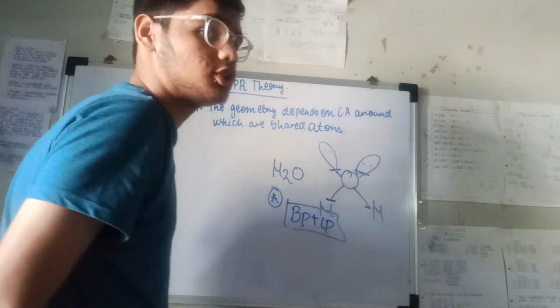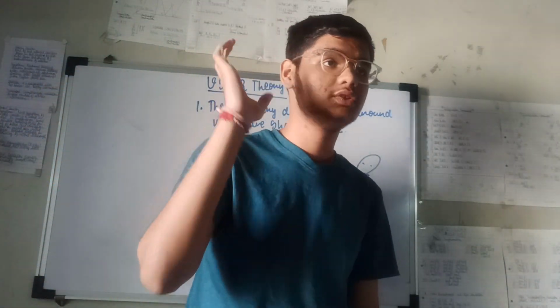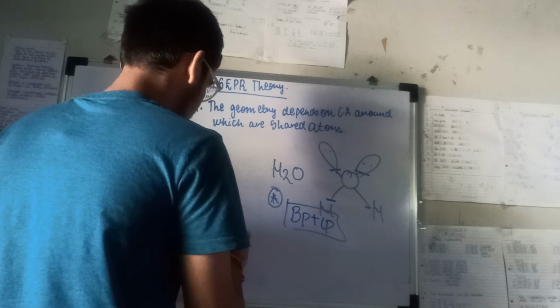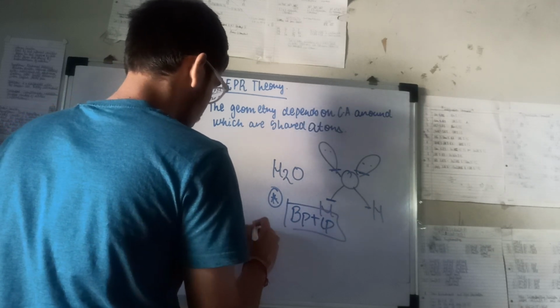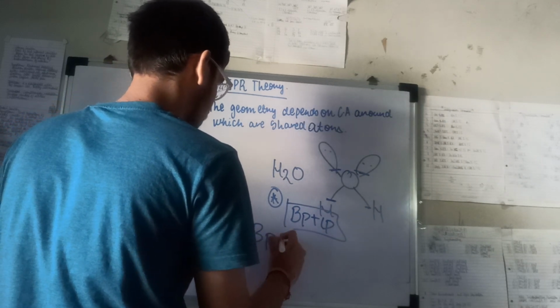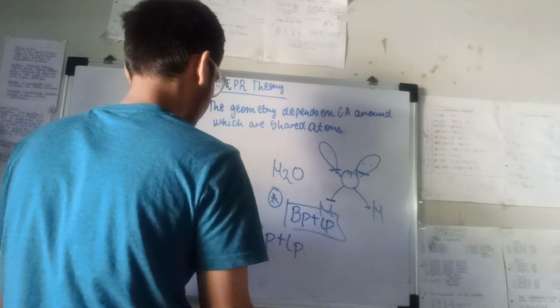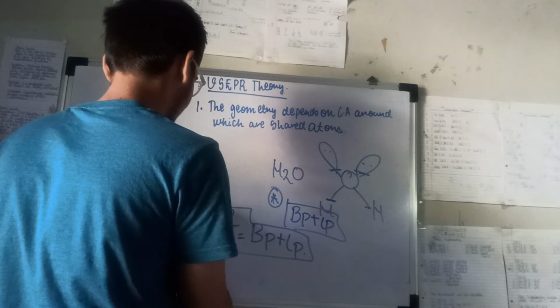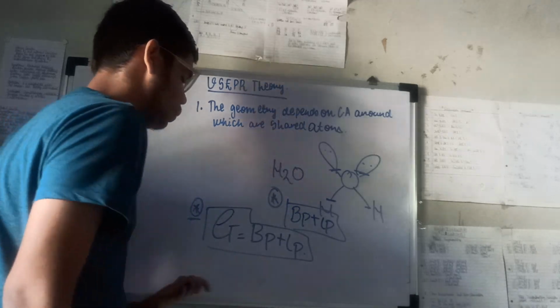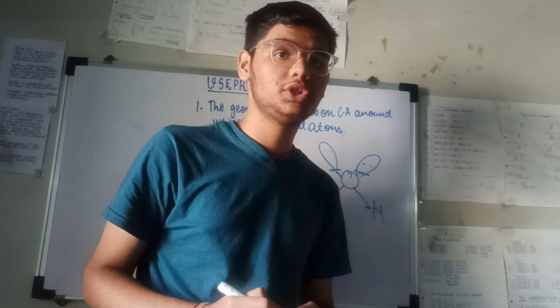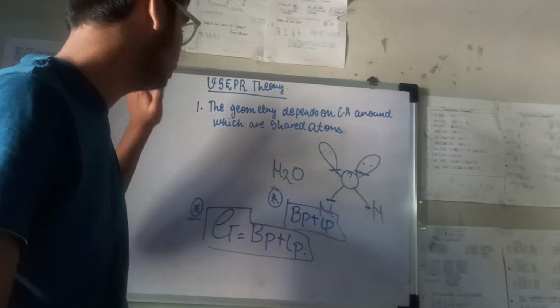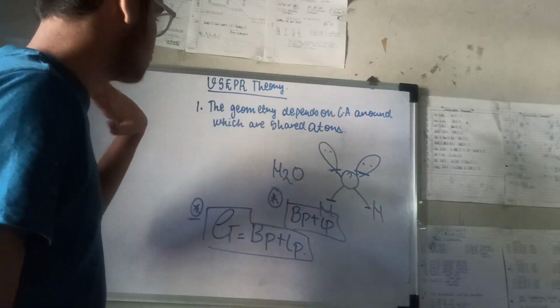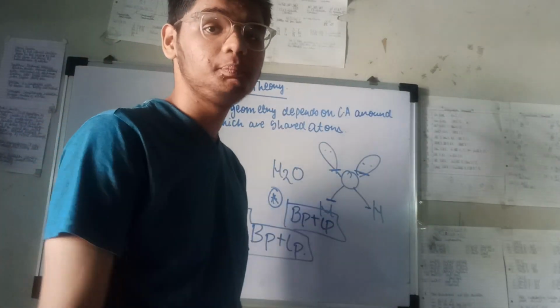So I can write G equals bond pair plus lone pair. I can say this is the equation for the first postulate of VSEPR theory. The first postulate is clear to everyone.